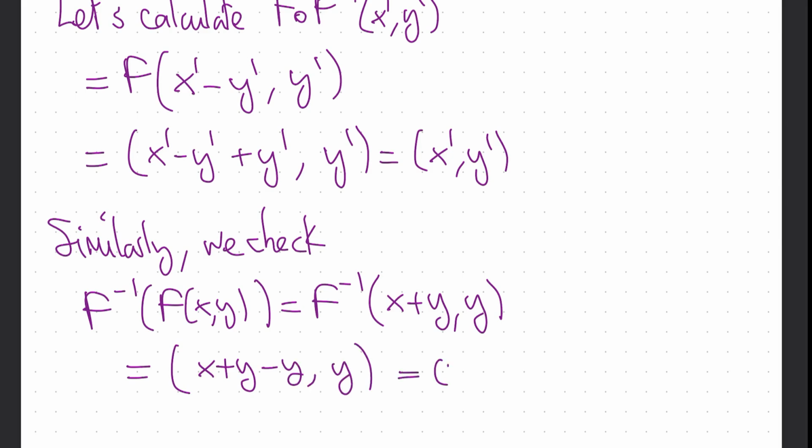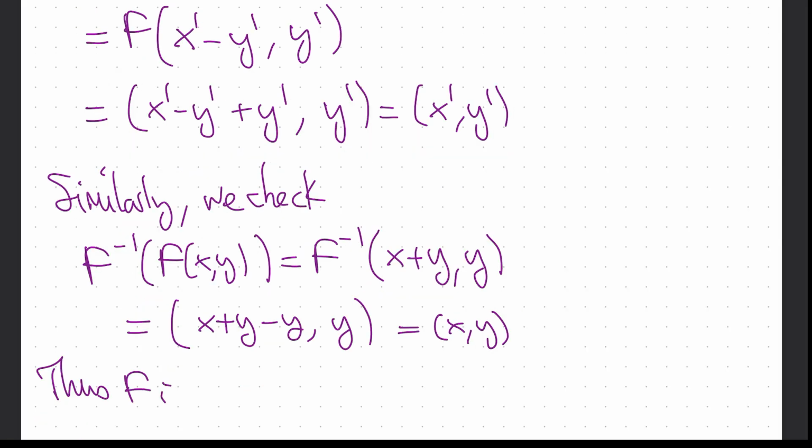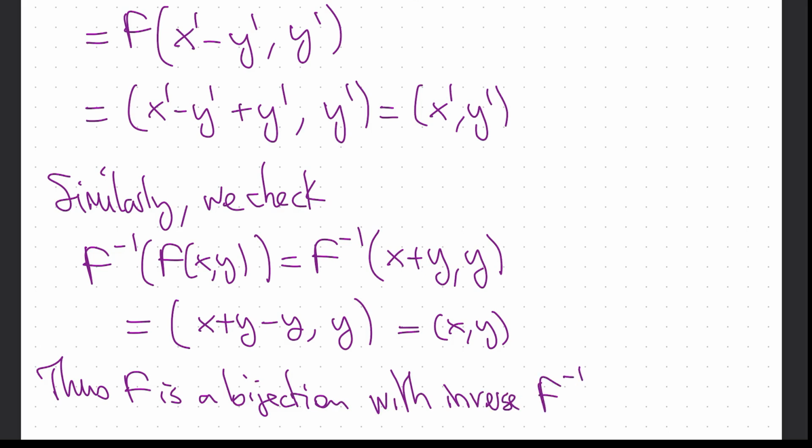So this gives me x, y. So indeed, this works for any x prime, y prime, any x, y, and thus f is a bijection with the inverse that we calculated.